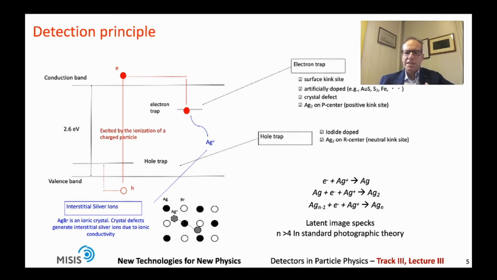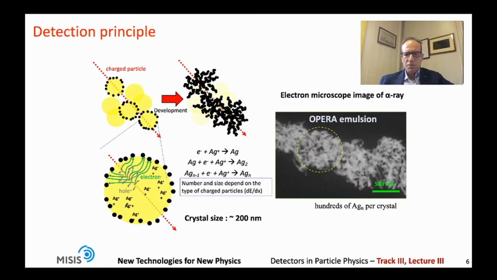When you have at least 4 silver atoms put together, then according to the standard photographic theory, this produces a latent image. And this is what you can actually see with an electron microscope.